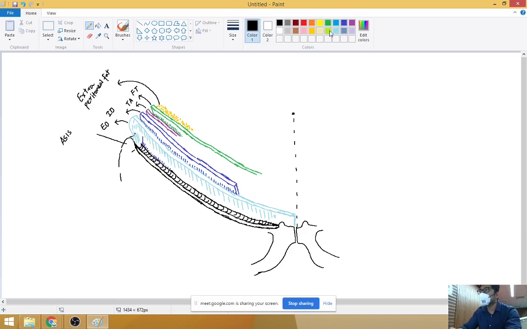Now next, this layer is the peritoneum. These are very thin layers, but to make you understand, I am making it a little thicker. So this is the peritoneum.